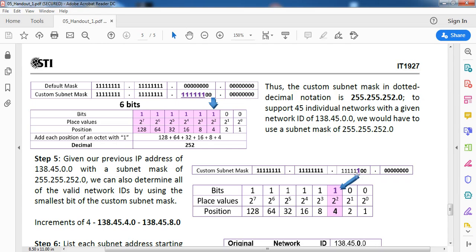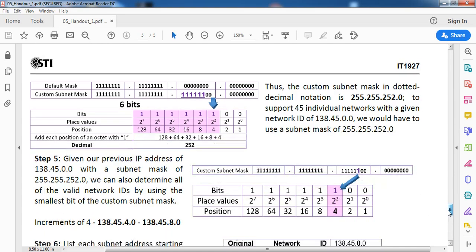So we'll be using the last bit on the right, which is actually found when we look at the powers of 2, it's found on the 4th position in place value of binary. So that means the subnetwork would be identified with an incrementing or increasing value of 4.